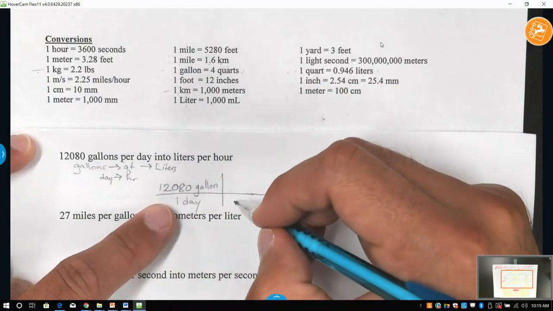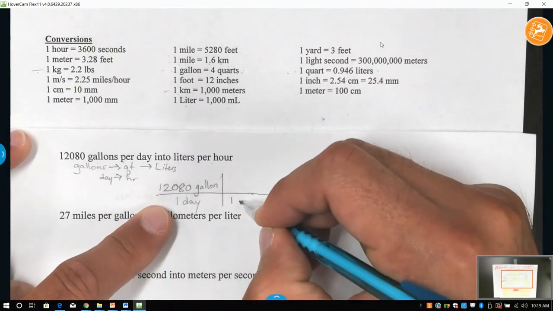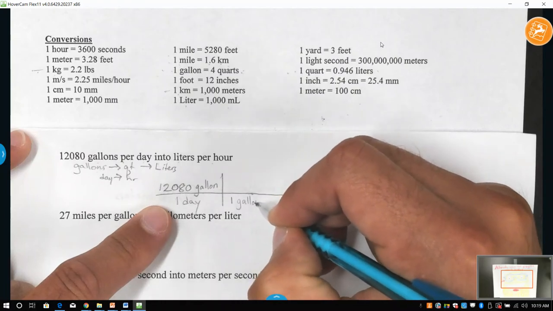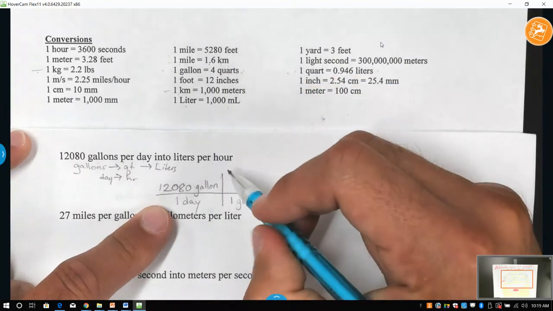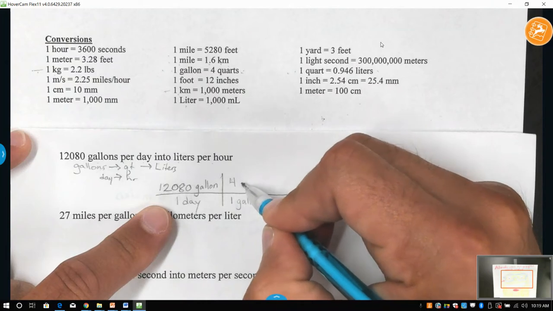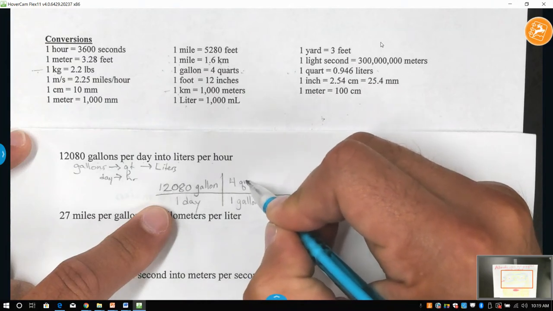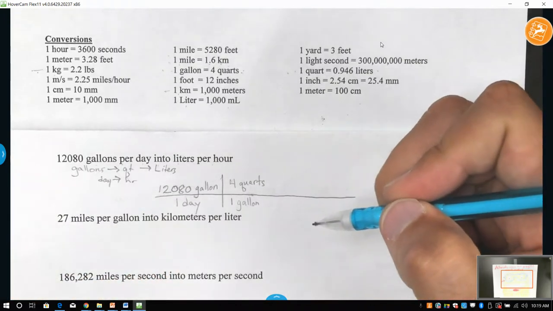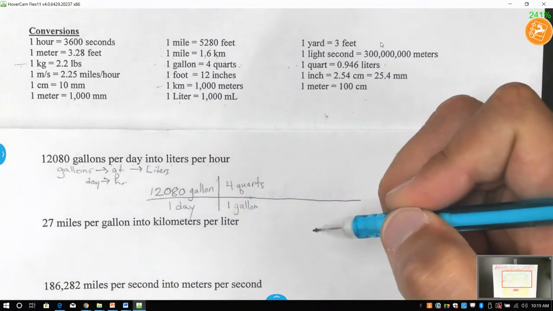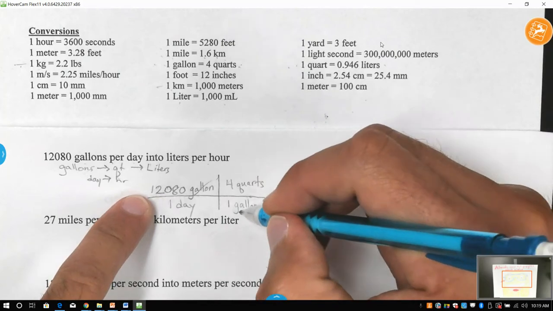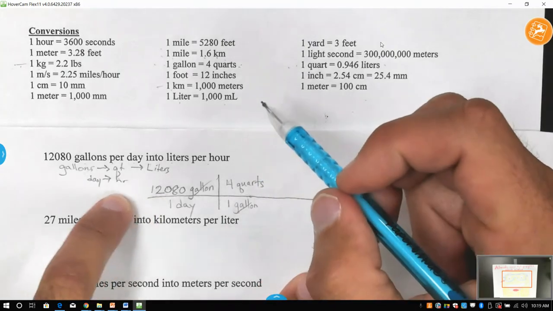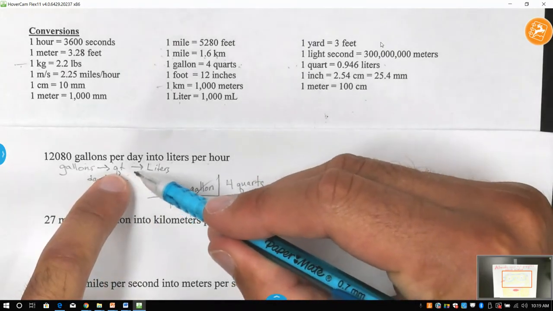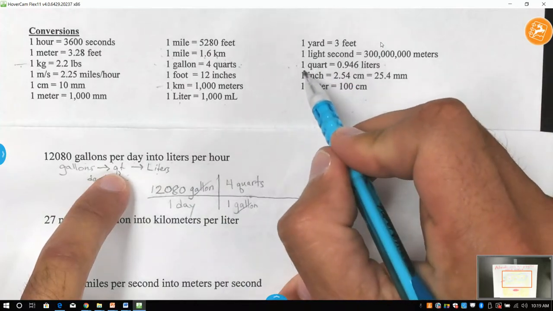To get gallons canceled, we need that on bottom. So 1 gallon and 4 quarts. So the quarts would be on top. Gallons cancel.